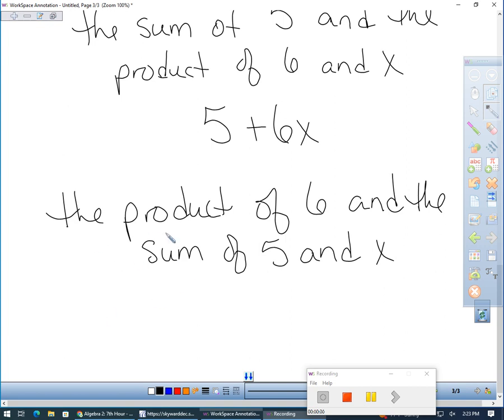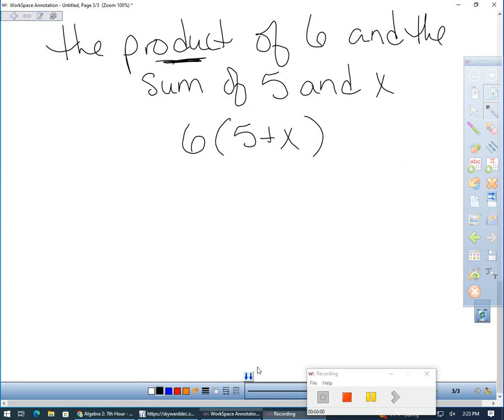All right, so the product is the main thing going on. It's taking the first number and timesing it, and when we multiply, we can put parentheses around it, the sum of 5 and x. So that's 5 plus x. All right, so those seem pretty good. Let's do one last one then, just to make sure we're golden.